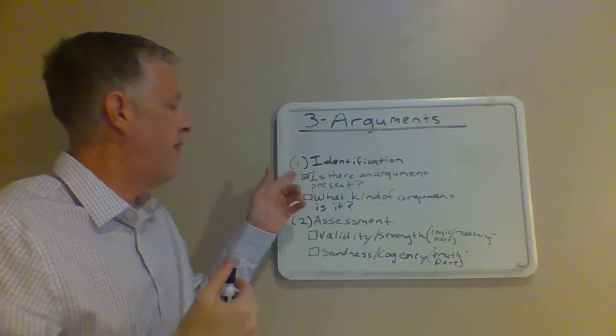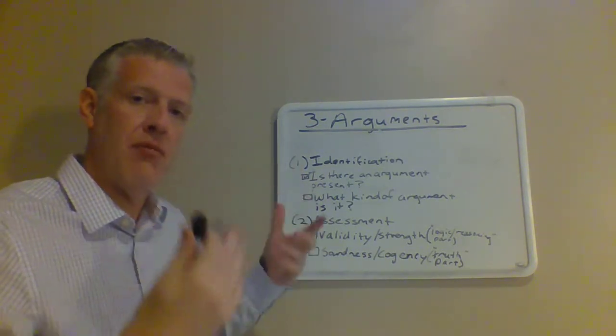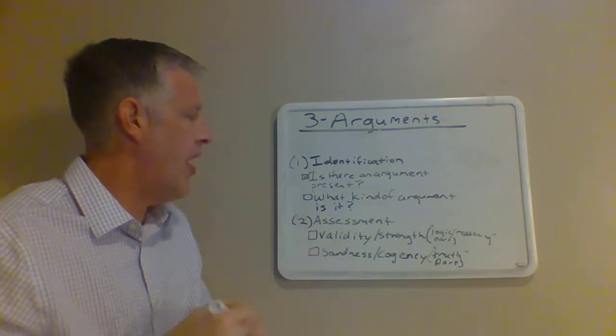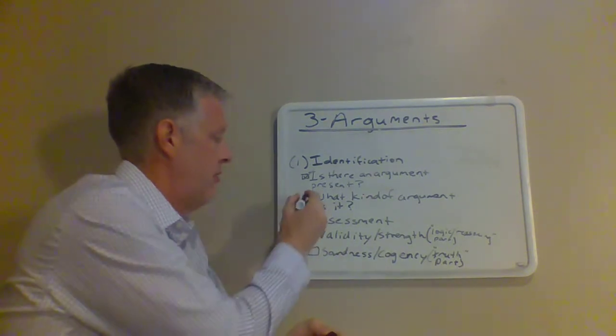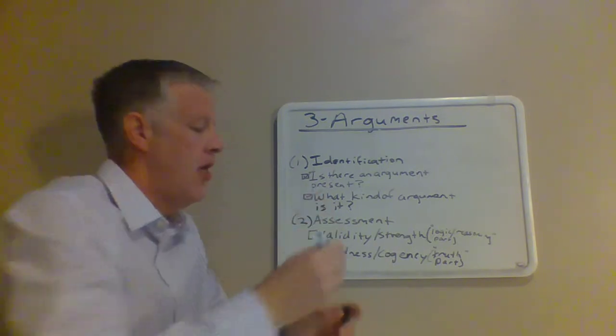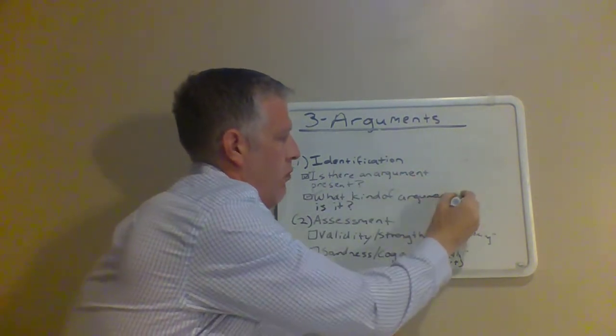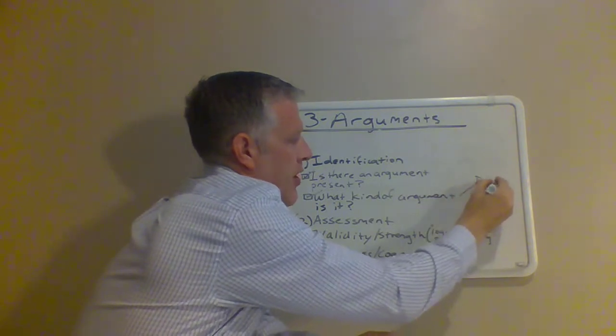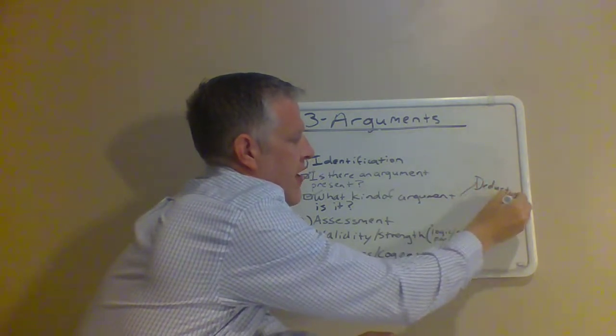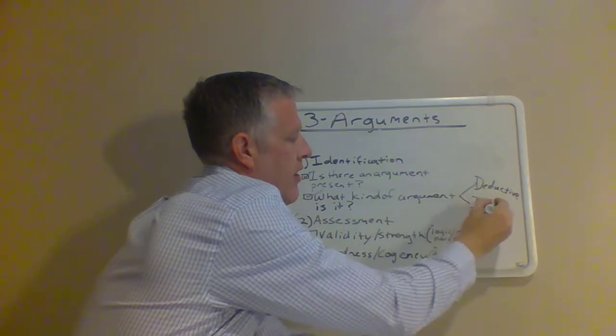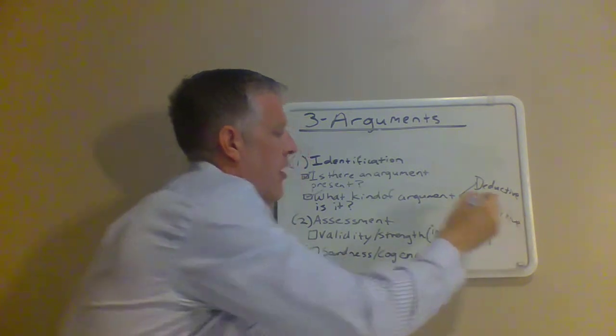Step 2 of this first part, the identification process, is then to ask, well, what kind of argument is it? What kind of argument is present? That'll get us into the 2 types that we'll get more into in a second: deductive and inductive arguments.